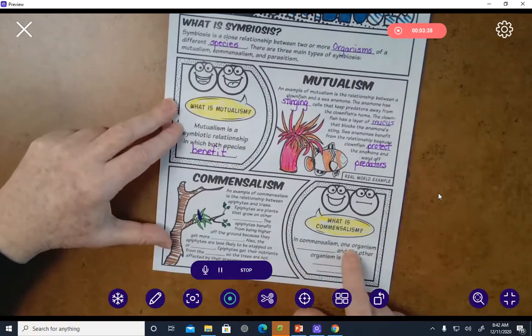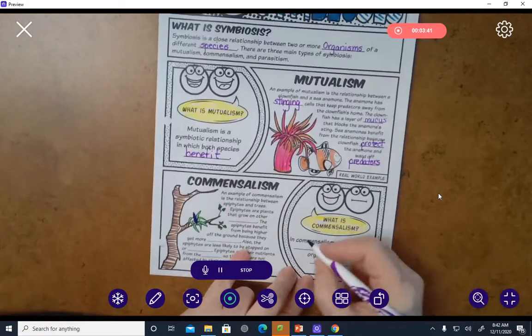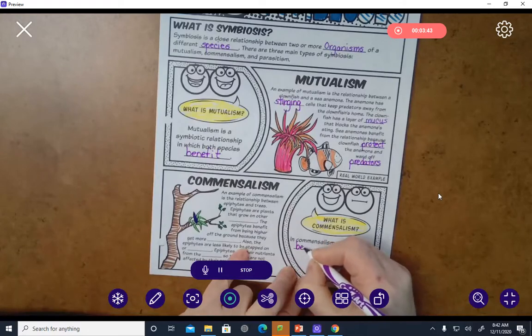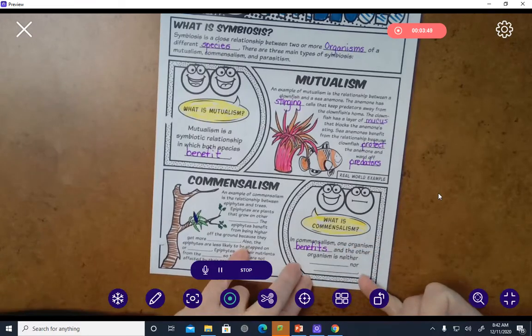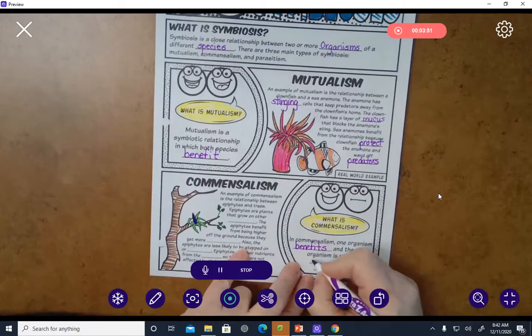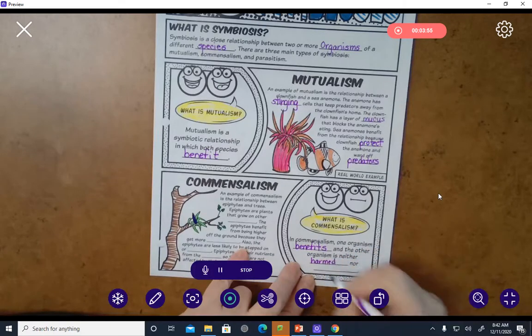In commensalism, one organism benefits and the other organism is neither harmed nor benefits.